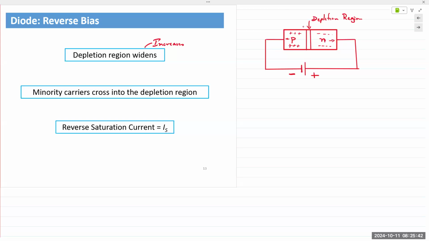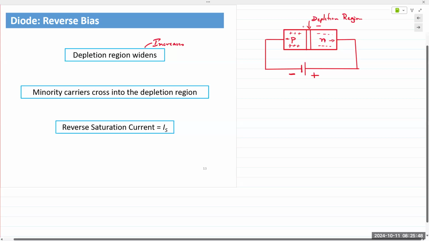Again, that is opposite charges attracting. So the depletion region widens, meaning it's now somewhere like this, and hence we don't have any significant current flow when it's reverse bias.